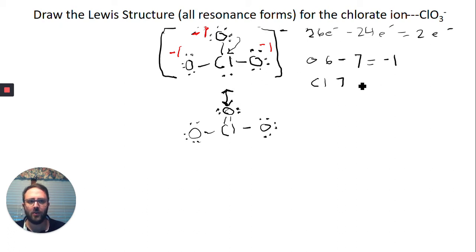Each one of those, right? So we can do this. So we said there were 2 electrons from the lone pair plus 1/2 times the number of bonding electrons. So there's 2 here, 2 here, 2 here. So that's 1/2 times 6, right? So that would be 3 plus 2 would give me 5. 7 minus 5 would give me 2.